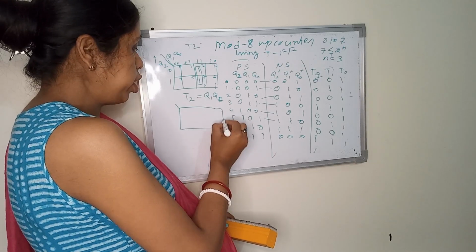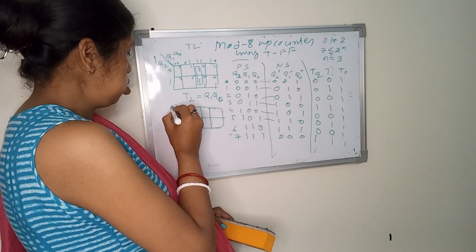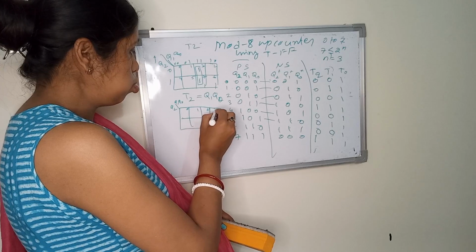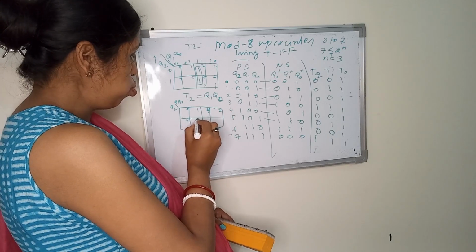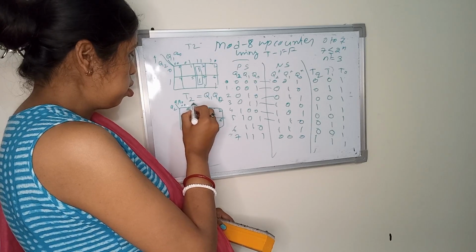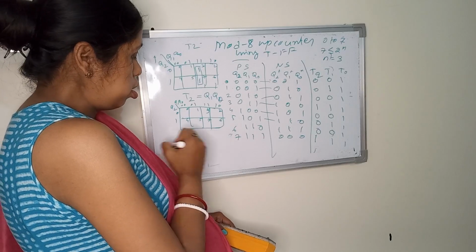Now I am doing it for T1. 0, 1, 2, 3, 4, 5, 6, 7. T1 I am doing.